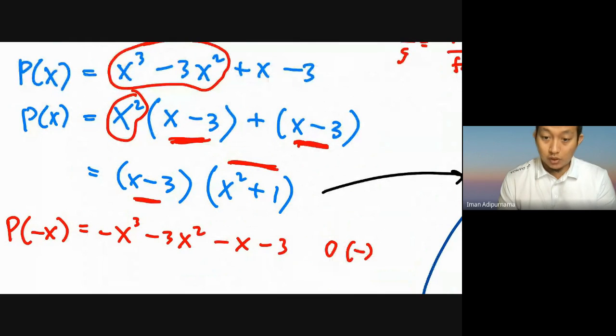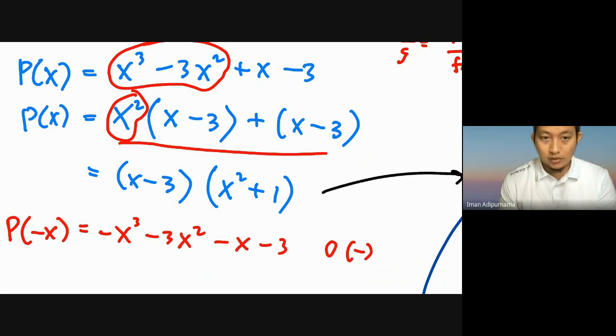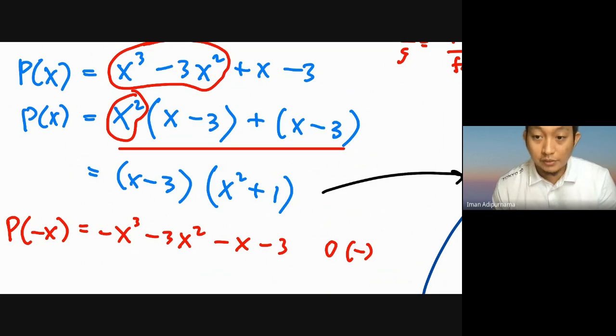x squared plus 1. Okay, let me erase. You have this one, right? Then you factor out x minus 3. Let me write one more time.